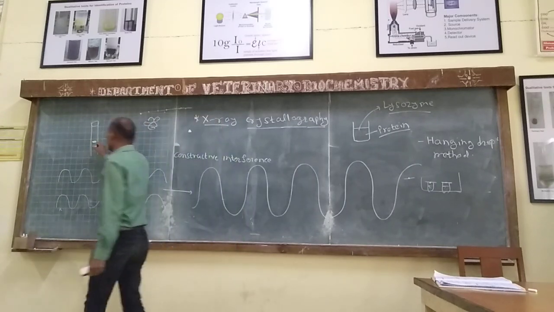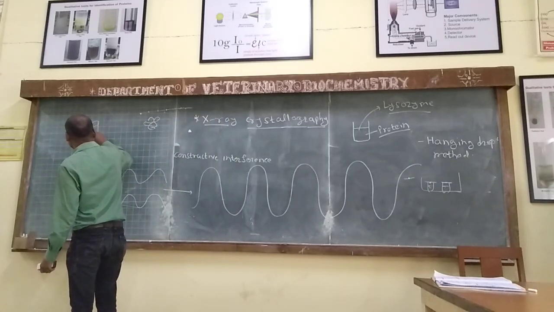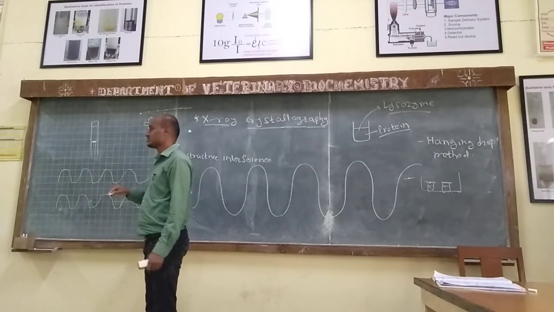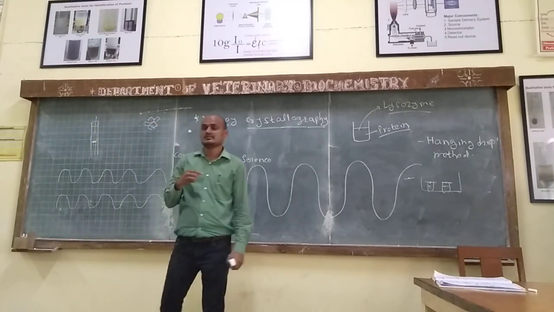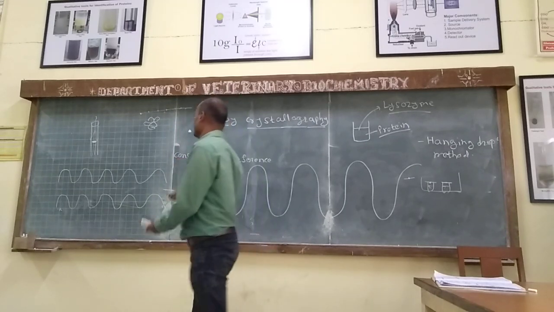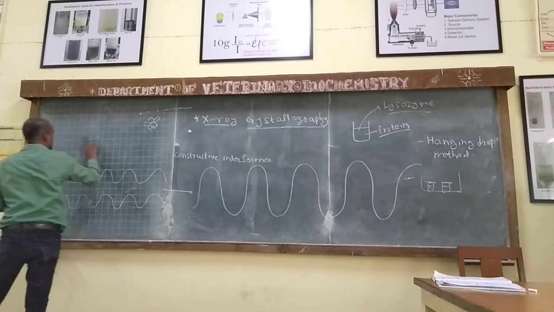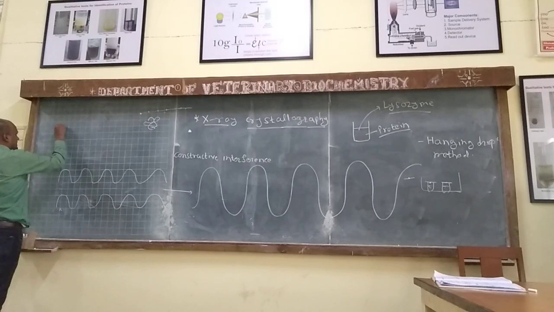When light passes through this, it gets diffracted to the microscope, and we adjust the focal length such that we see the enlargement with the eyes. But when we say the molecule crystal structure, it is like this.